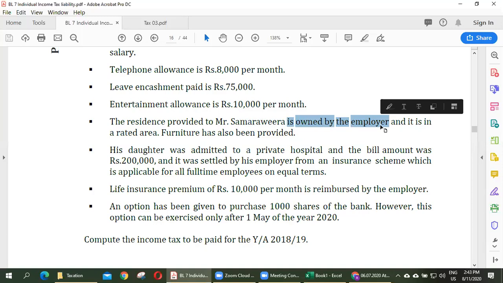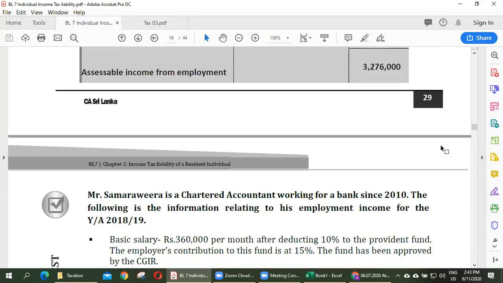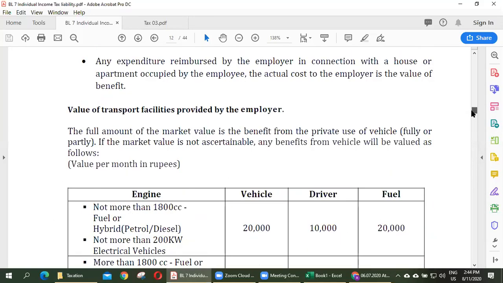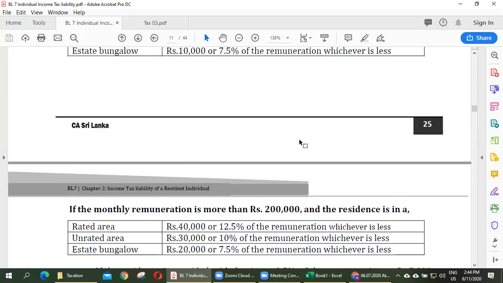Therefore, the company has no need to pay tax to a third party, and therefore we are unable to trace the market value of that benefit. In this kind of circumstance, to find the value of that benefit, the government has issued a circular to calculate the benefit. That's what we discussed yesterday, or the last class.